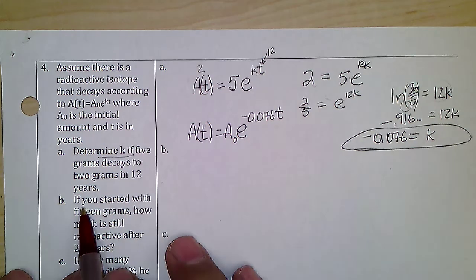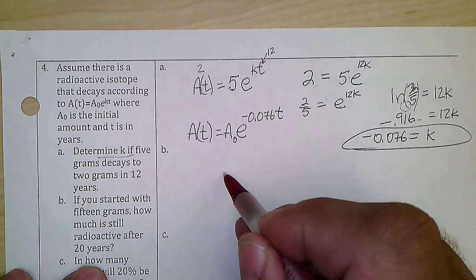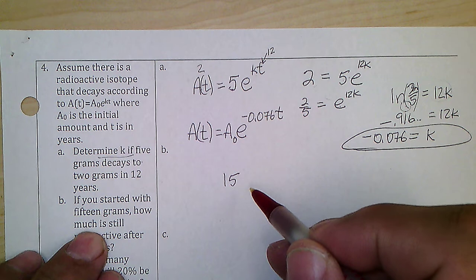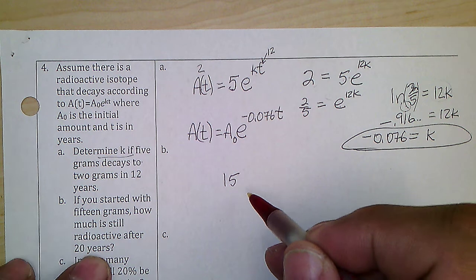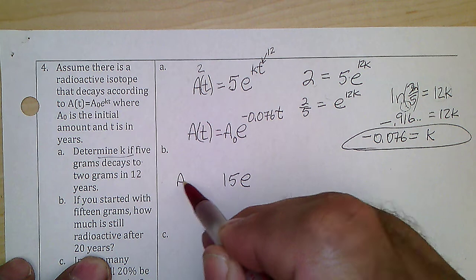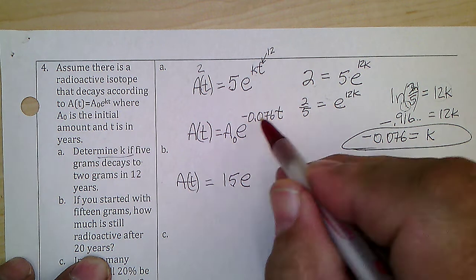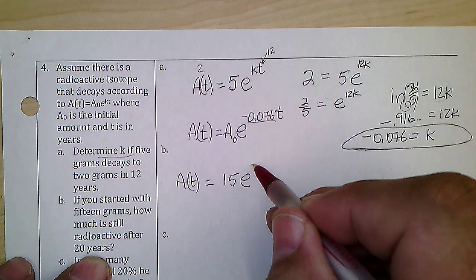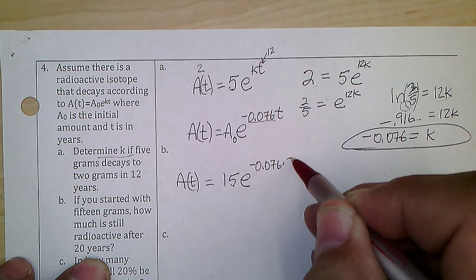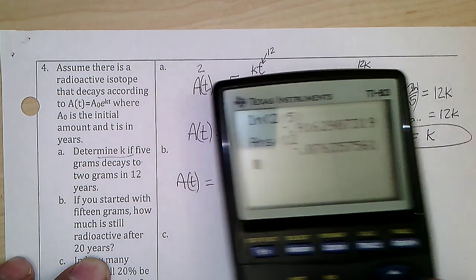So in part B, if you started with 15 grams, so I'm going to put 15 here, how much will still be radioactive after 20 years? The amount left after some time is equal to the amount you start with, e to this, we figured out the k now, negative 0.076 times 20 years.